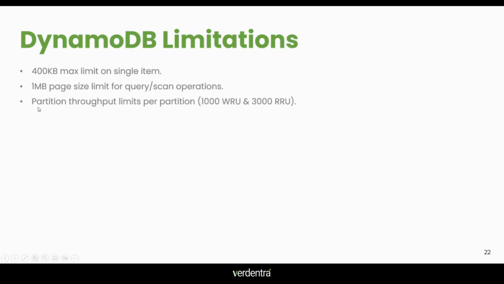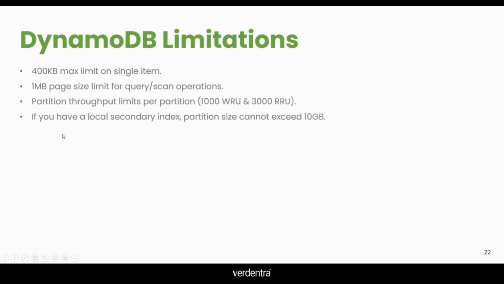There are also some limits on single partition throughput: 1000 write request units and 3000 read request units on a single partition. That means if you're doing more than 1000 writes or more than 3000 reads per second on a single partition, it will get throttled and you won't be able to do that.